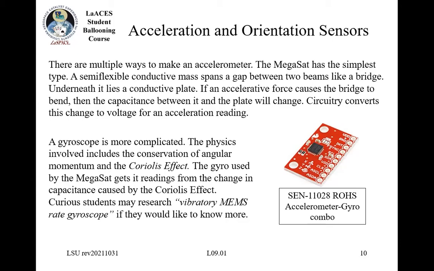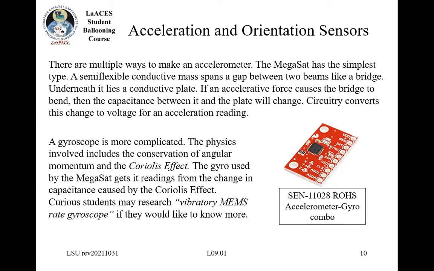The way that these things work is a bit complicated, and honestly, I'm not an expert on this. But you're having the Coriolis effect, where you're accelerating a reference frame, which means you basically have a force that wants it to go out. And in this case, that's going to cause a change in capacitance.